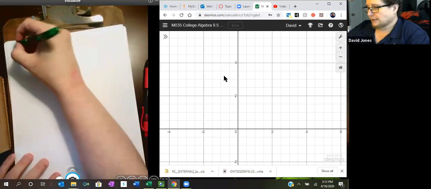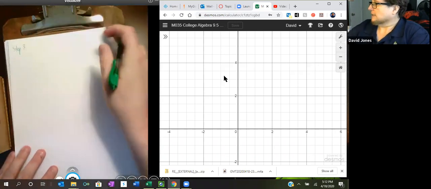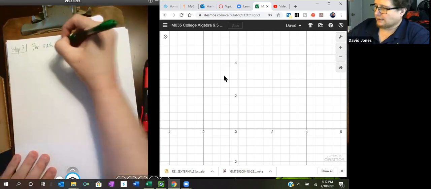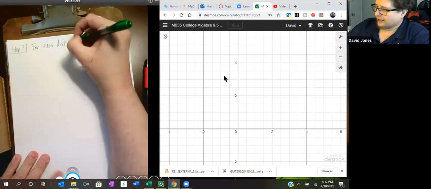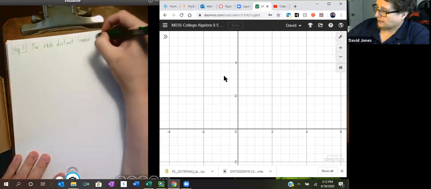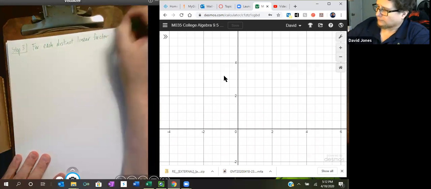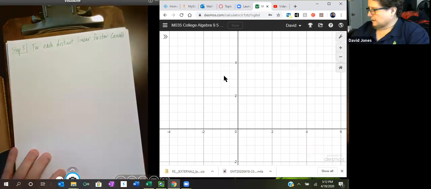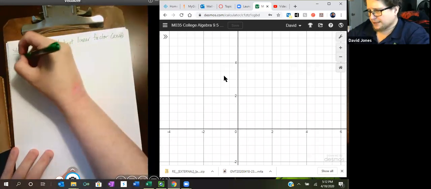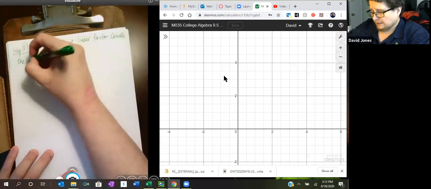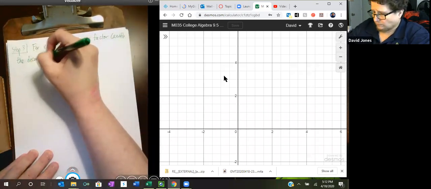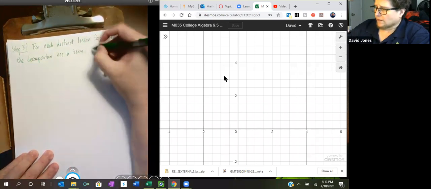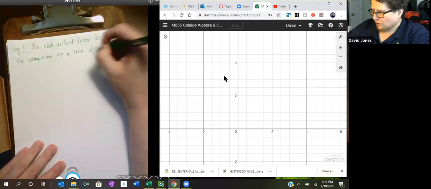So step 3. For each distinct linear factor, ax plus b, the decomposition has a term of A over ax plus b.